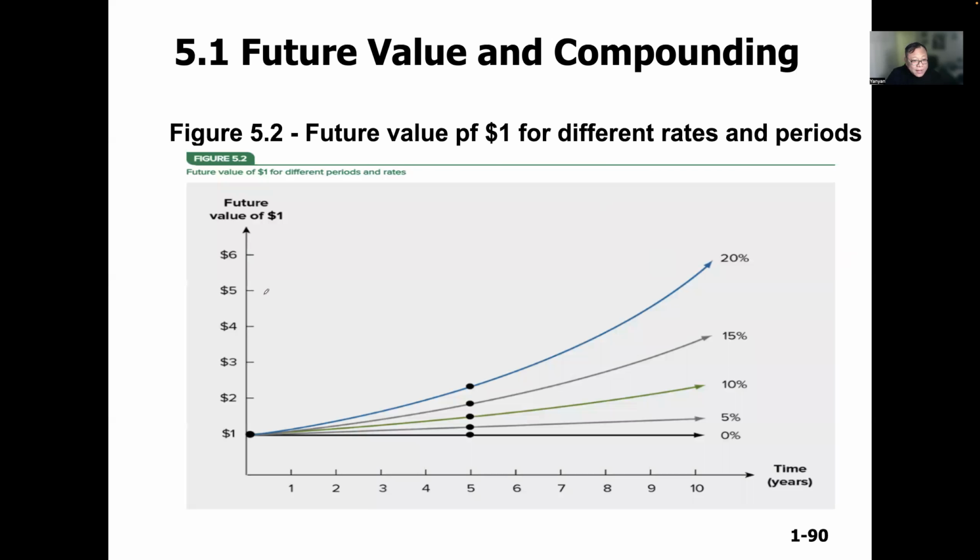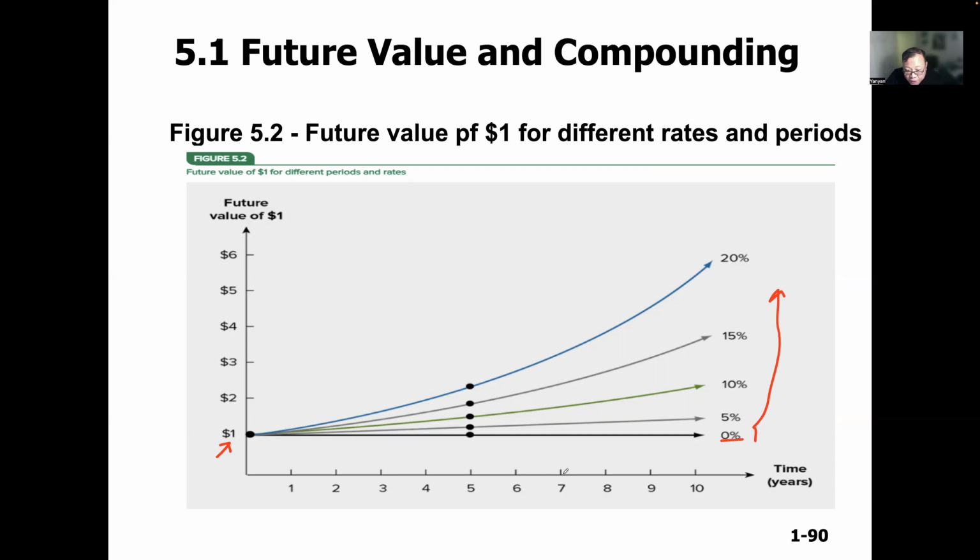So if you take a look at this picture, if you have $1 at present and you don't earn any interest, it's always going to be $1, right? So this 0% is the interest you earn. If you don't earn any interest, this is going to be a flat line because it's always $1 there. As you earn more interest, the future value is going to grow faster and quicker, right?